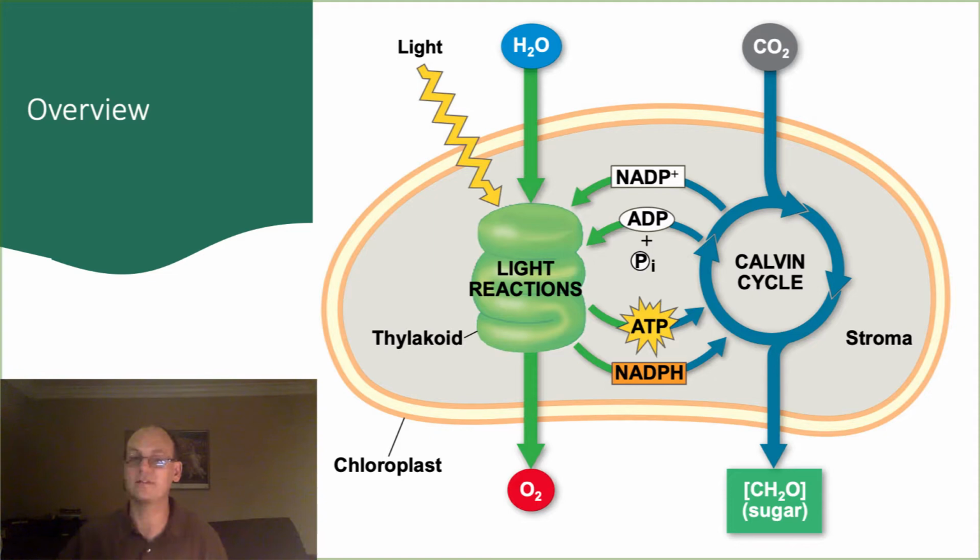In photosynthesis, the assembly of sugars is the opposite, an endergonic reaction that requires the input of energy. This energy comes from the high energy molecules produced by the light reactions. The assembly of sugar molecules from carbon dioxide molecules is referred to as fixing carbon, or carbon fixation.